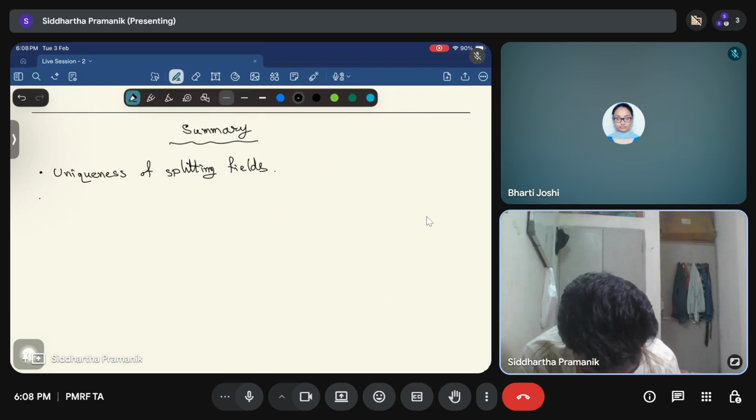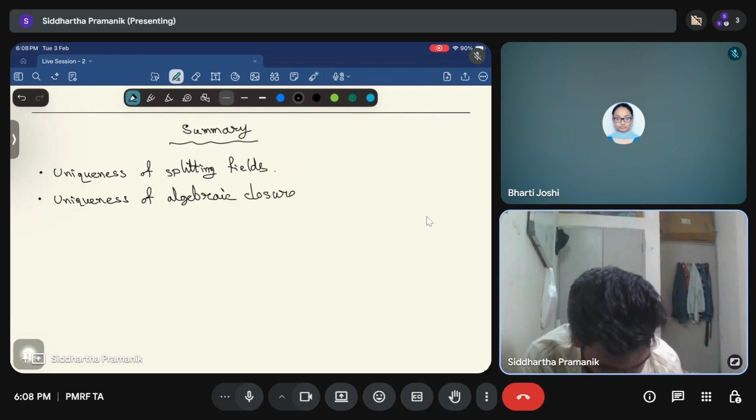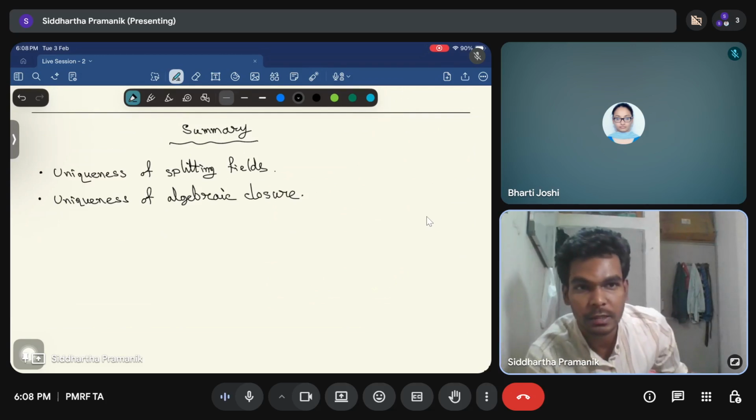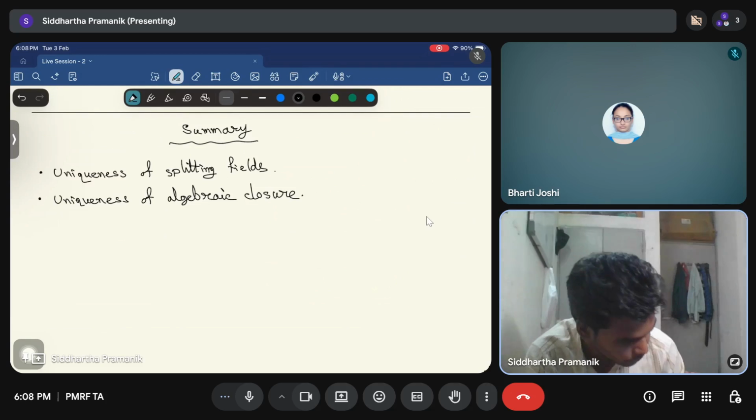And the second one is we have proved the uniqueness of the algebraic closure. So these two things are important that we have done.